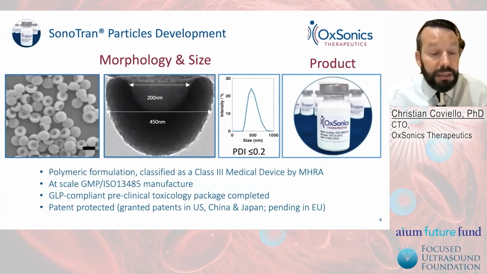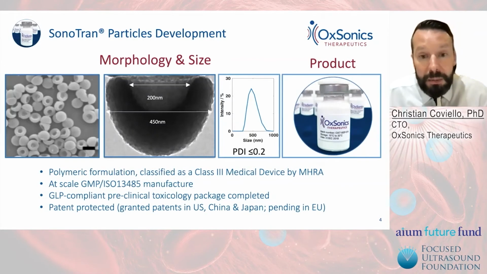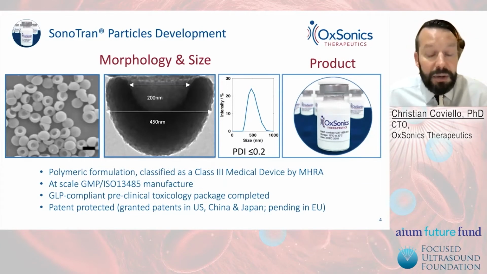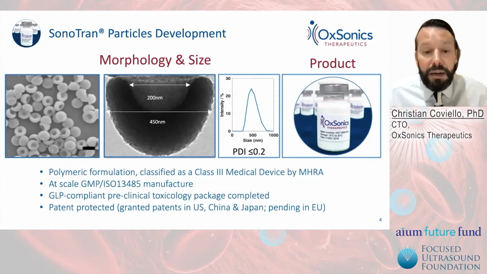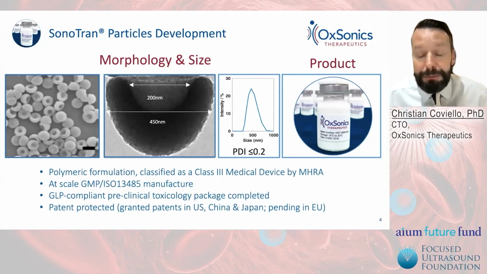Now, our particles shown here on the TEM image are cup-shaped particles. You may have heard of them referred to in the academic lab from the University of Oxford, which we spun out of, as nanocups. Each cup-shaped particle is approximately 450 nanometers in diameter, with a 200 nanometer cavity, each cavity supporting or stabilizing a single air bubble.